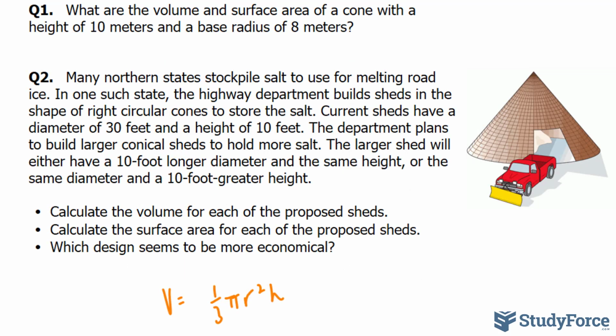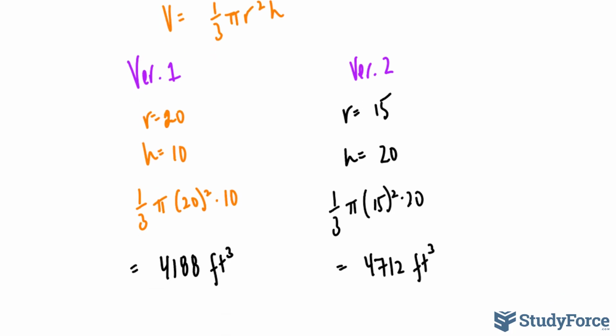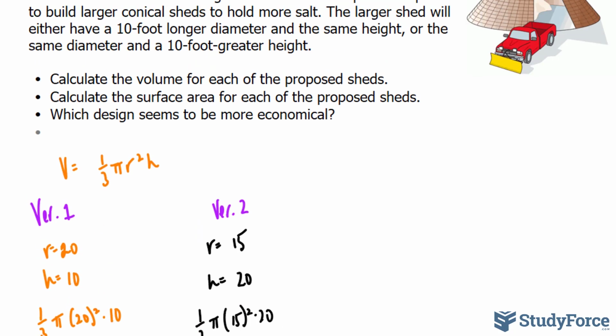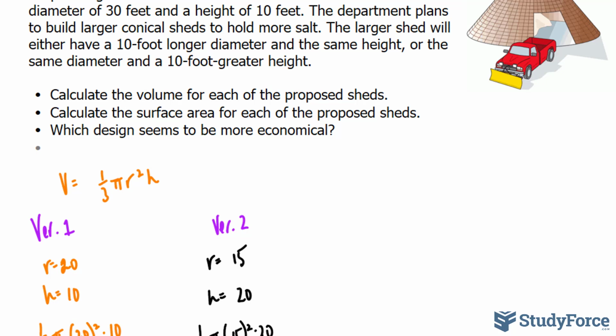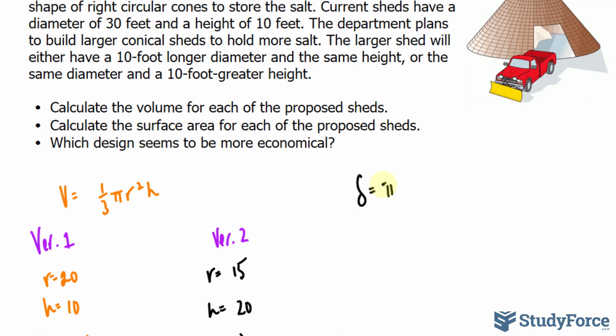In the second part of this question, calculate the surface area for each of the proposed sheds. So again, we'll be doing the exact same thing except for calculating the surface area this time. So I'll place this on the side. And to calculate the surface area, again, that formula is S is equal to pi r, the square root of r squared plus h squared.